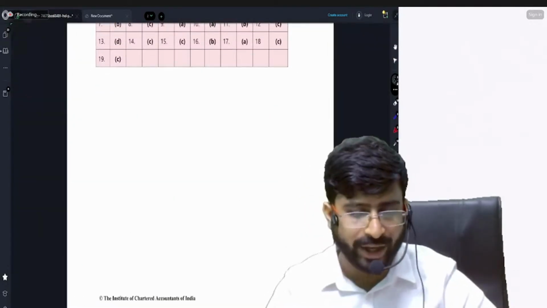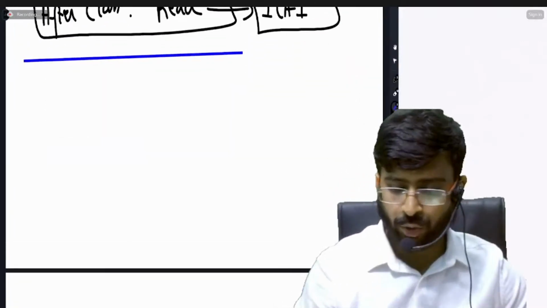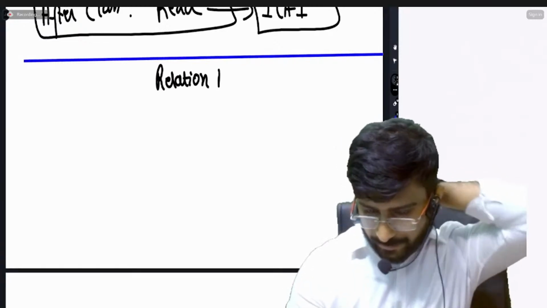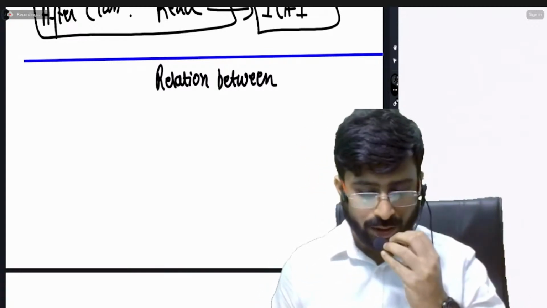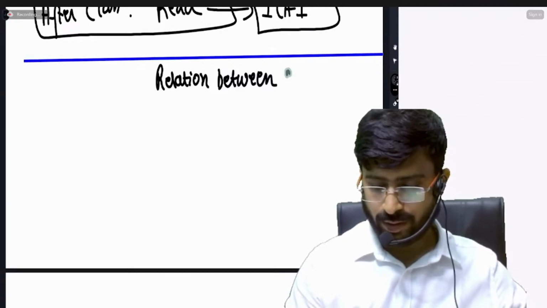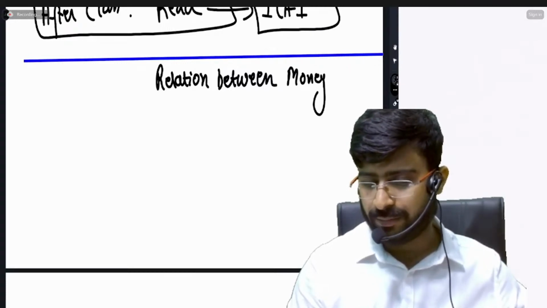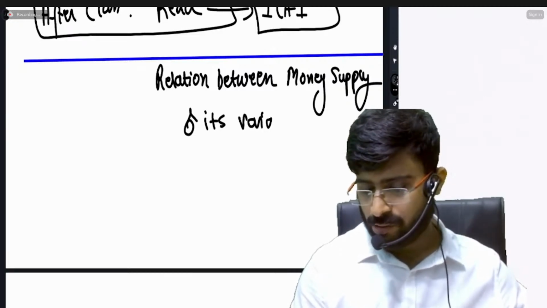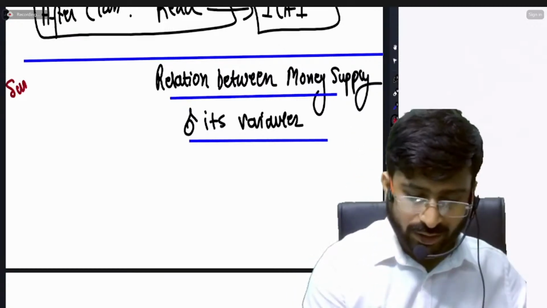Okay. Now let me make you write some important relation notes so that you don't get confused in MCQs in the exam. Let's write the relation between money supply and its variables. I'll make summary notes, so you can put the heading: Summary notes.